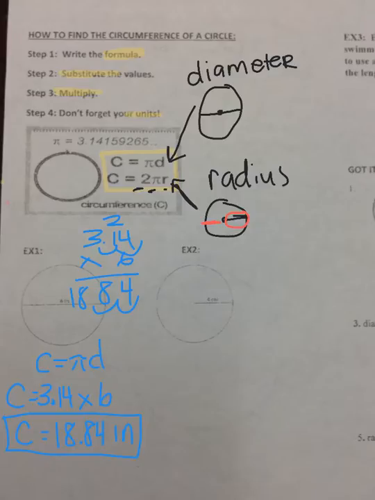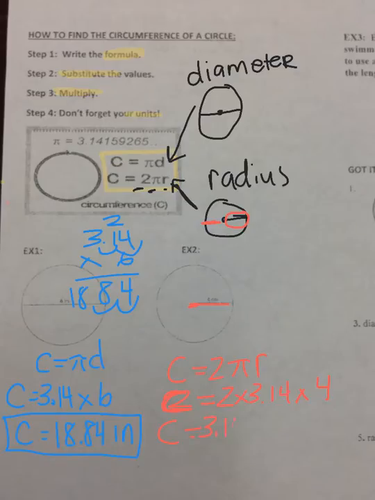Example 2. Notice how this one just has the distance from the center to one side, which is a radius. So we're going to use the formula for radius, which is C equals 2 times pi times the radius. Step 2, substitute your values. C equals 2 times pi, which is 3.14, times the radius, which is 4. Remember, multiplication is commutative, so it doesn't matter what order I multiply in, I'm going to get the same answer.